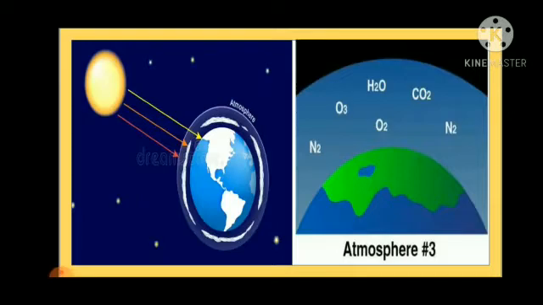Here we can see our atmosphere contains many gases like nitrogen, oxygen, carbon dioxide, water vapor, etc. And here oxygen is the main important gas which we need to breathe, right? And all living things need it to live.